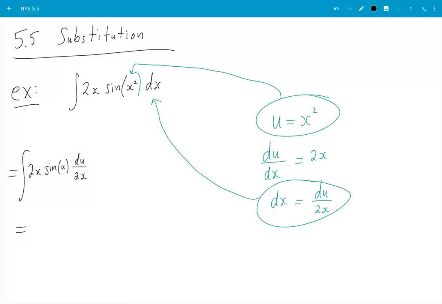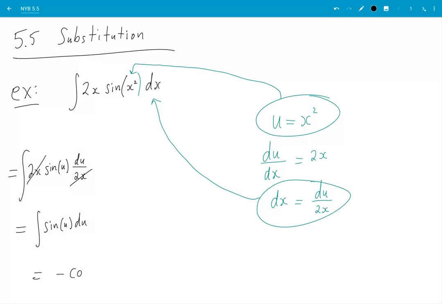And quite nicely, the 2x's cancel. And I get sine u du. Hope you'll agree this is a much simpler integral.